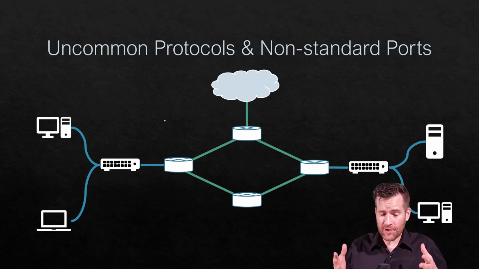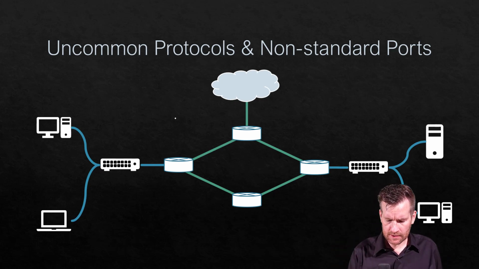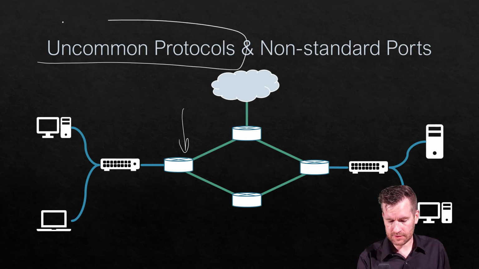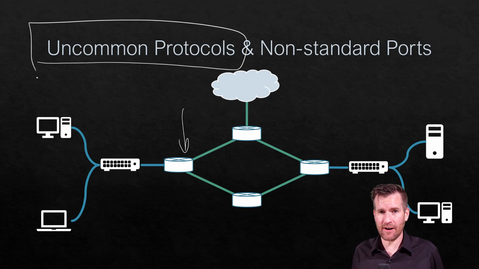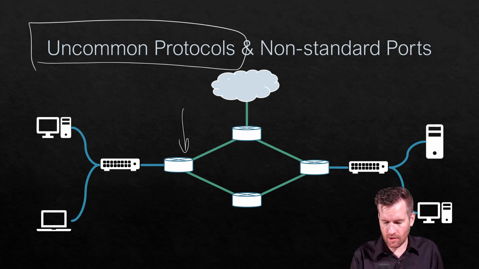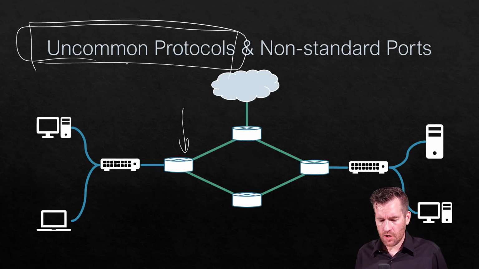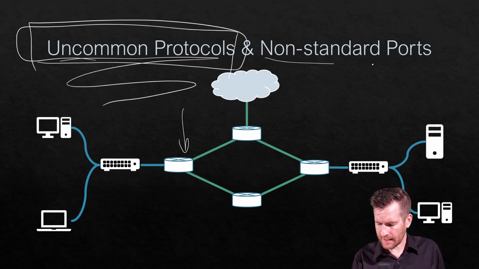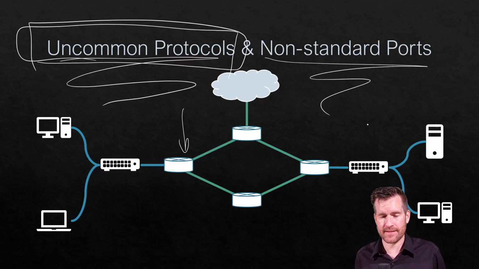Besides just filtering off of the ports on these firewalls, the other thing we could see is uncommon protocols, and maybe those get stopped by a firewall, or maybe somewhere along the way something doesn't know how to handle those uncommon protocols. Or somebody has set up a service with a non-standard port.